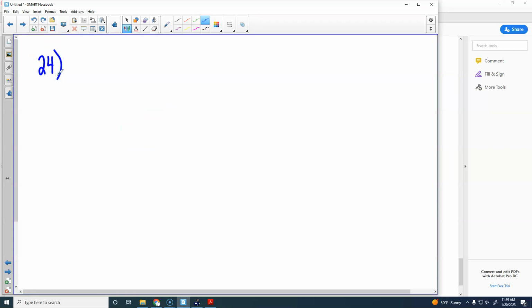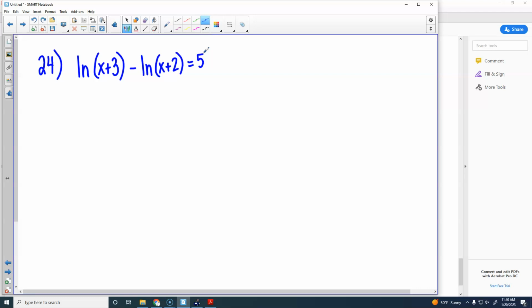Okay, so we've got natural log of x plus 3 minus natural log of x plus 2 equals 5. The first way I'm going to do this problem is the way we've been doing everything so far. When we see natural log of something, we just go ahead and change it to a decimal.